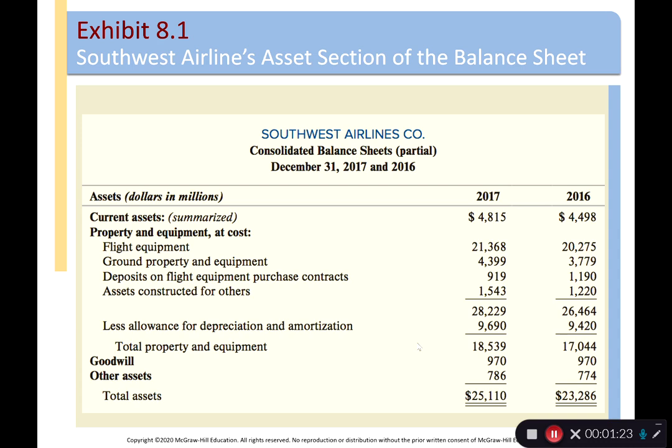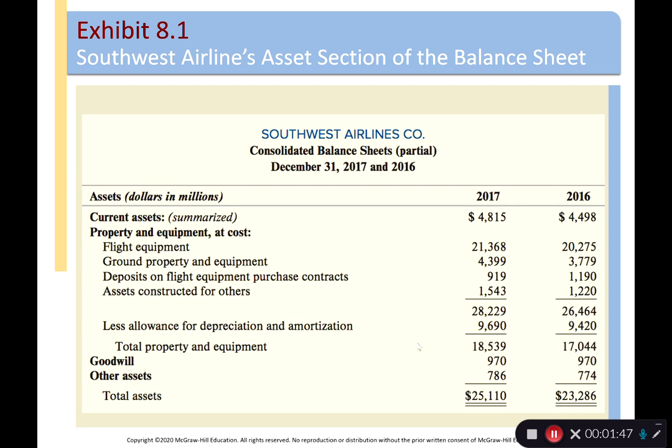So we'll take a look at Southwest Airlines' balance sheet, and you can see that they have a large amount of property and equipment. The vast majority of their equipment is the flight equipment, which would be the planes, and then they have ground and property equipment. They have a lot of deposits on flight equipment purchase contracts, and then assets constructed for others.